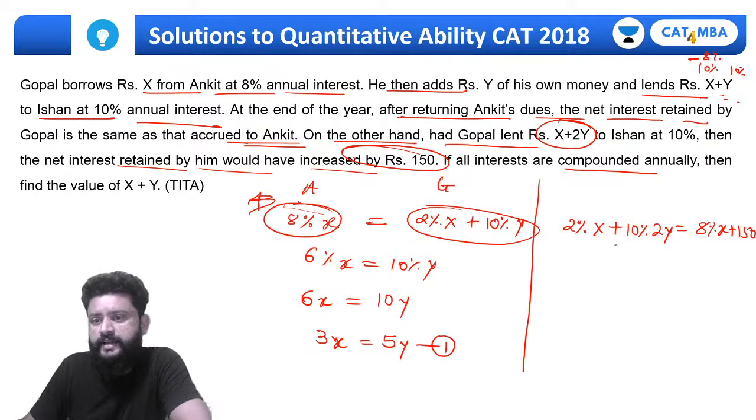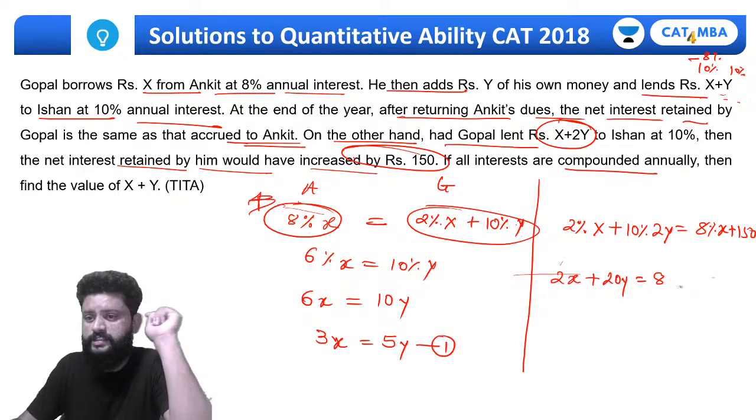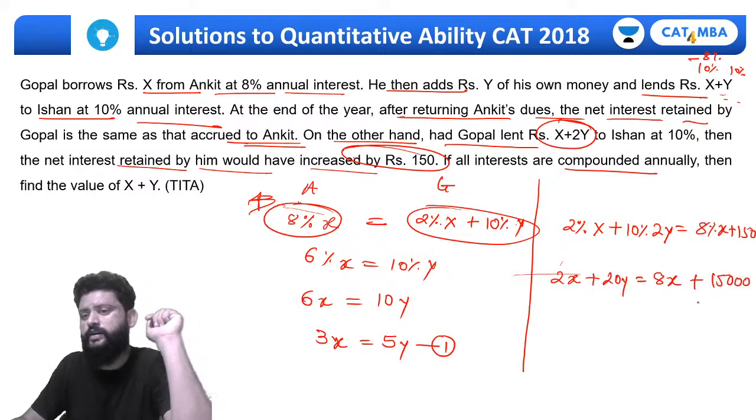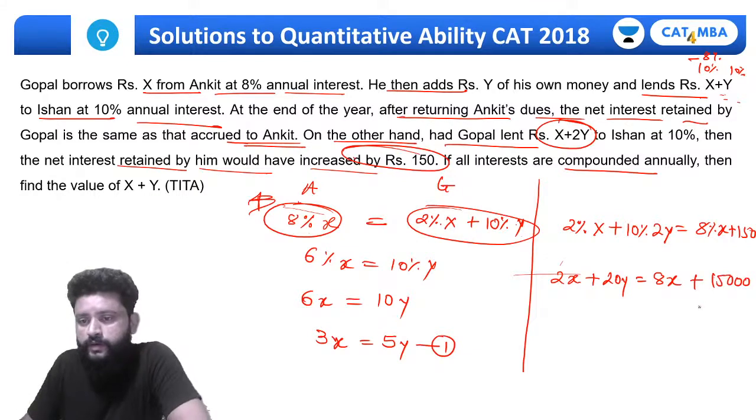So I can write this as 2x plus 10 into 2y, that is 20y, is equal to, I'm just multiplying by 100, okay, so the denominator 100 is gone, 8x plus 150 into 100, that is 15,000.